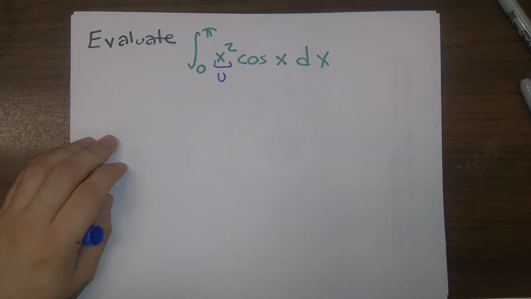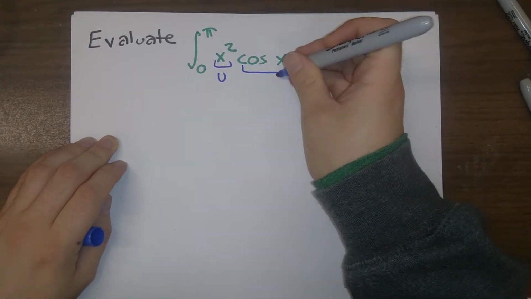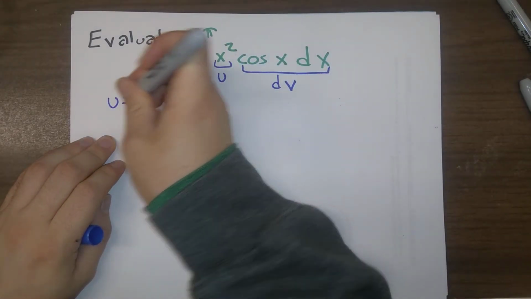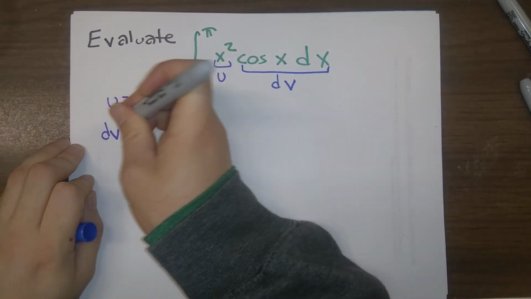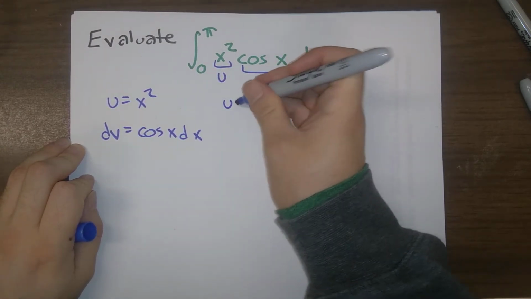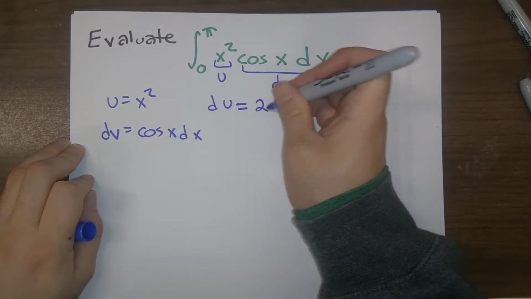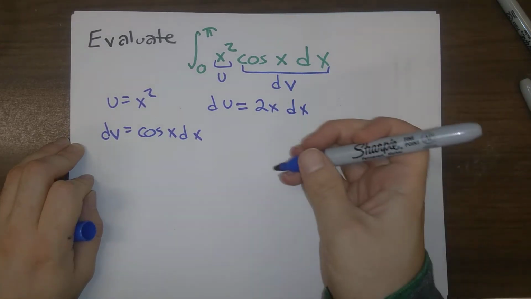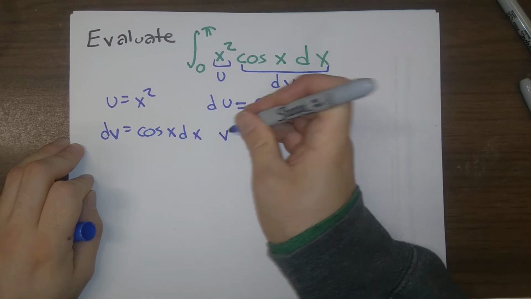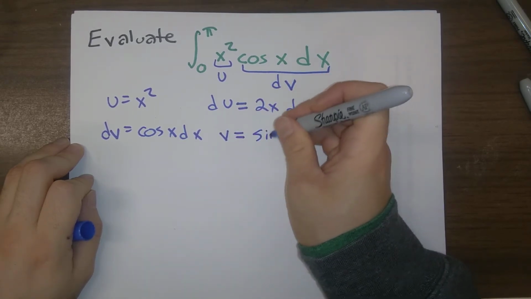So let's try u is x squared and dv is cosine x dx. So that says that du is going to equal 2x dx. And dv, we integrate cosine x. So v is sine x.